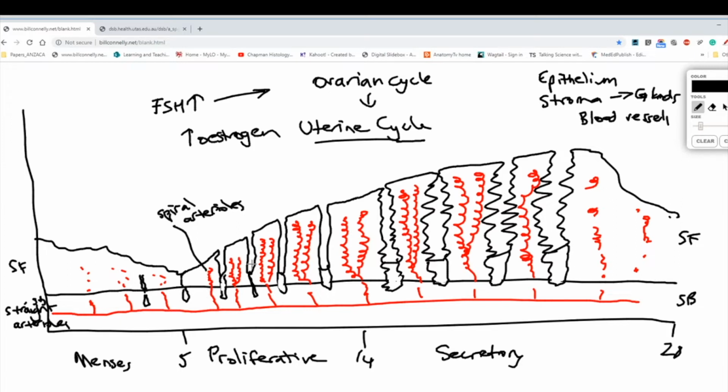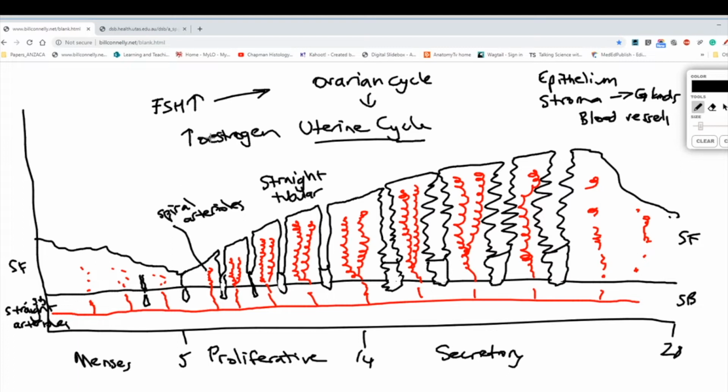And the glands grow as well. Initially, these glands are really just straight tubular glands, and they're not secretory at this stage. If we have a look at their structure, we'll see mitotic figures indicating that they're actually growing. So as I say, estrogen levels begin to increase.